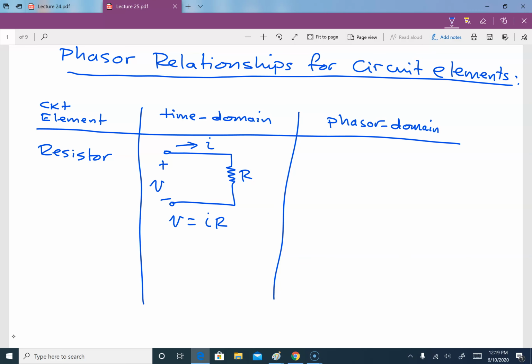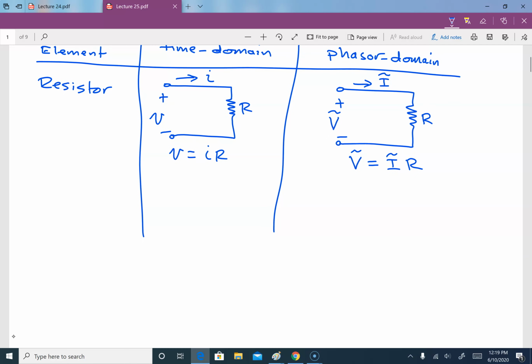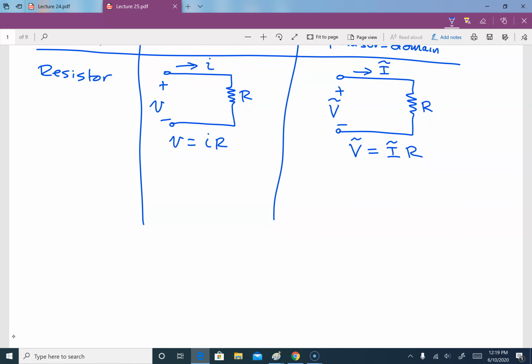Then in phasor domain we represent it like this: the voltage across it, that is phasor V, the current flowing through it, that is phasor I, and this is resistance. And then we can say phasor V is equal to phasor I times R.